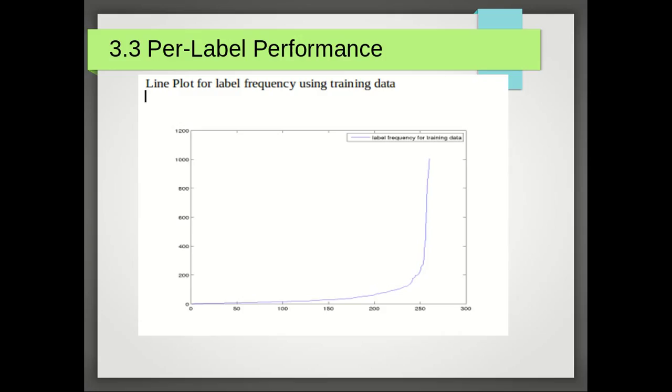As we can see from this plot, there were some labels which were very frequent in the training data set, whereas there were many labels which were rarely used. Those rare labels could be thought of as noisy data, and if they are removed, then we can get a better performing method.